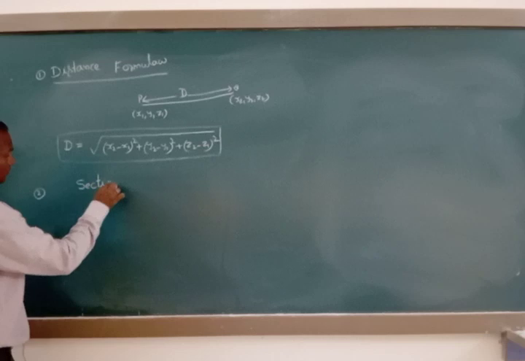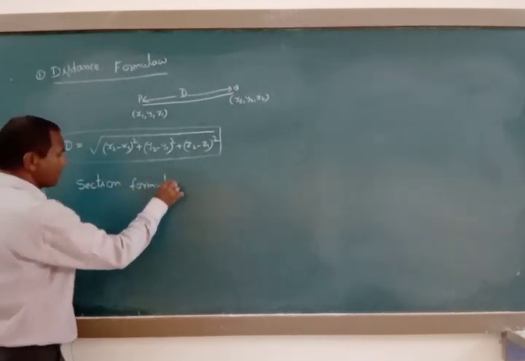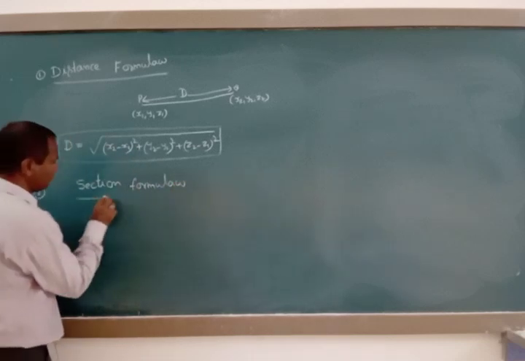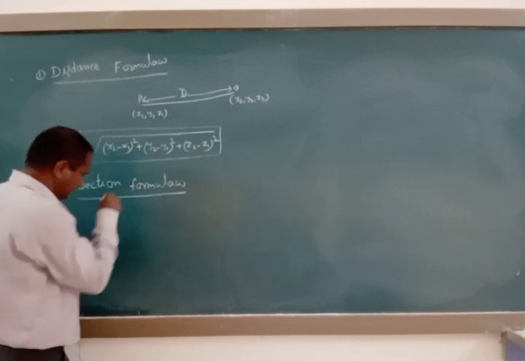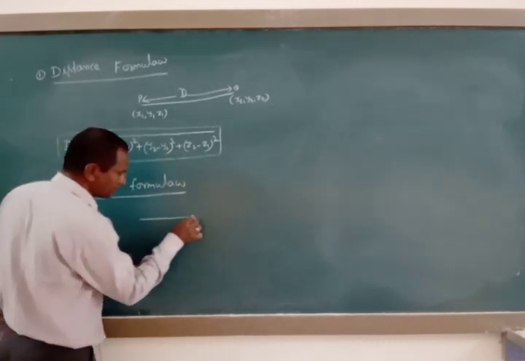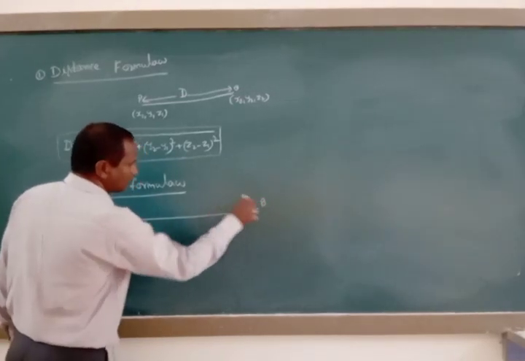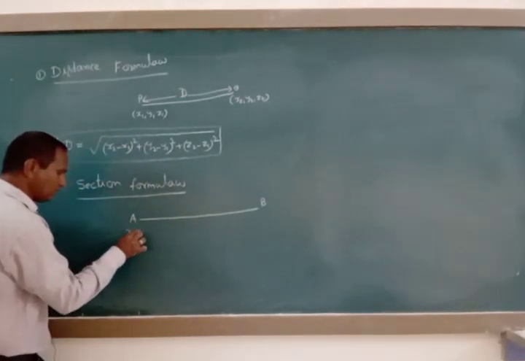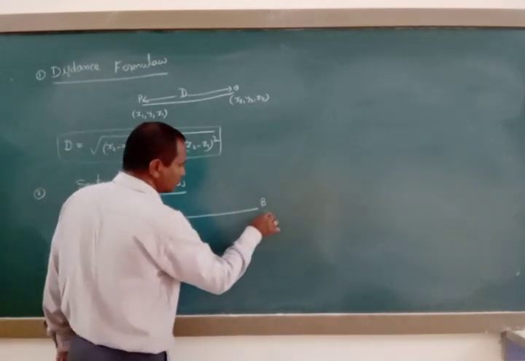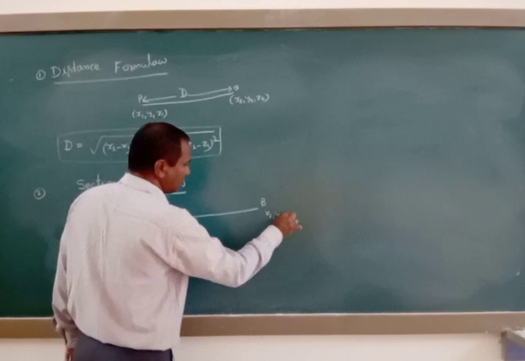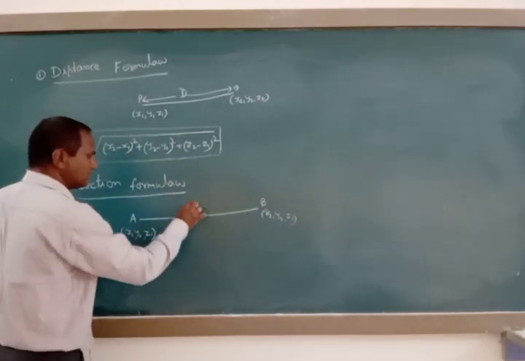Section formula. A line segment joining the 2 points A and B. A is x1 comma y1 comma z1, and B is x2 comma y2 comma z2. Take a division point P here.